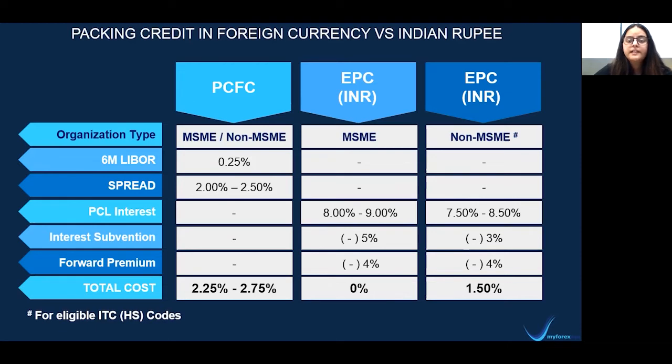As you can see, if an exporter avails PCINR, he has to pay a cost of around 1.5% to no cost as compared to a PCFC cost of around 2.25 to 2.75%, which is why it is usually advised to exporters to avail PCINR instead of PCFCs.